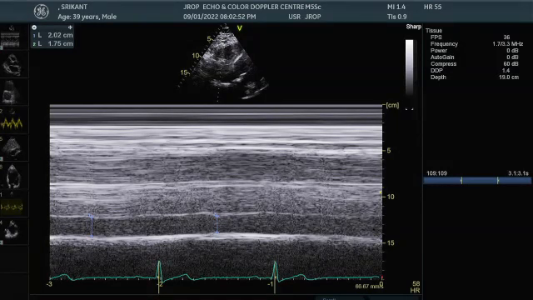Like IVC, normal size less than 20, collapsing more than 50%, RA pressure is fine. If IVC is dilated and collapsing more than 50%, RA pressure is 10. If IVC is dilated, collapsing less than 50%, then RA pressure is 15. So his RA pressure is 10 over here.